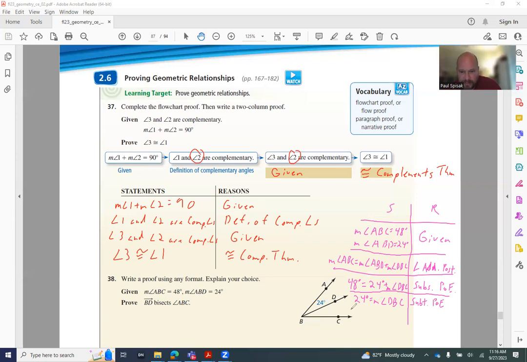So we can say the measure of angle ABD is equal to the measure of angle DBC. How are we able to say that? Well, you can either say transitive or substitution property of equality.